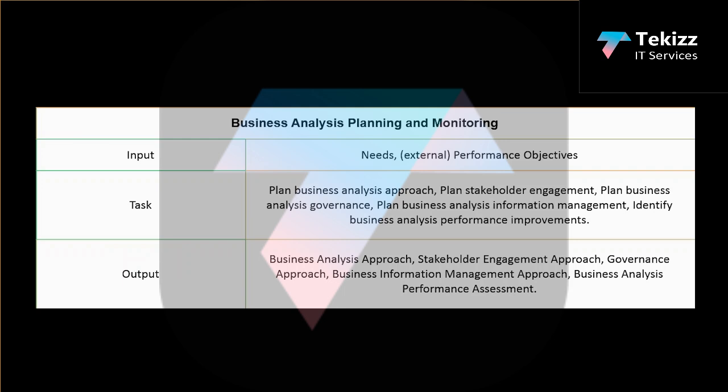As output we have the business analysis approach, stakeholder engagement approach, governance approach, business information management approach, and business analysis performance assessment. So this is the structure of the knowledge area for business analysis planning and monitoring.